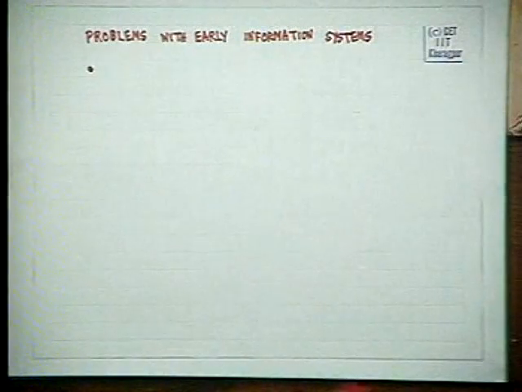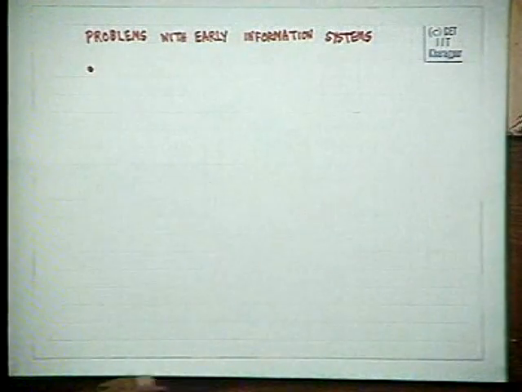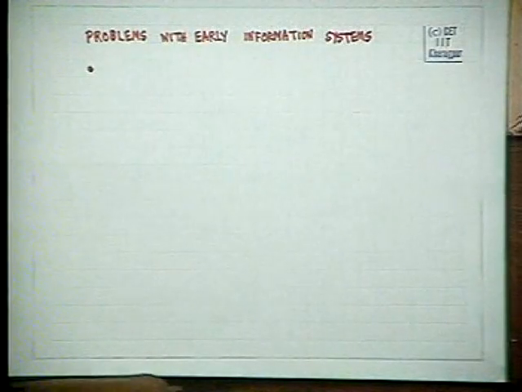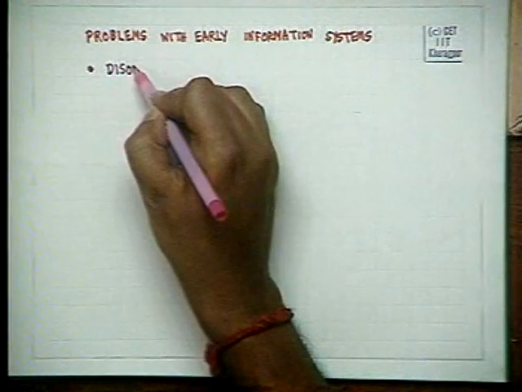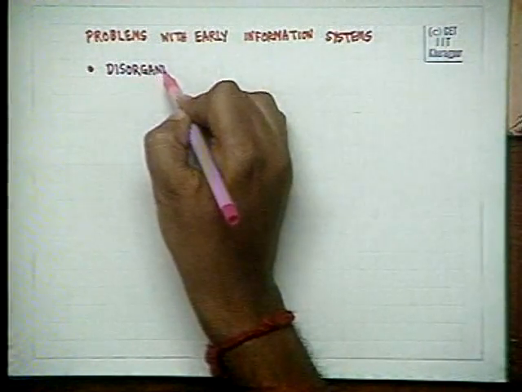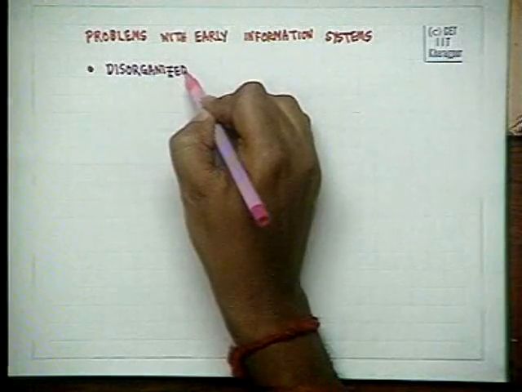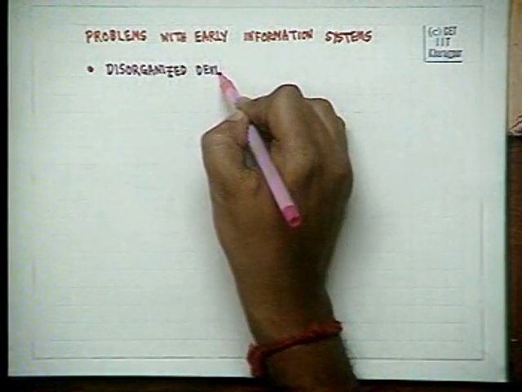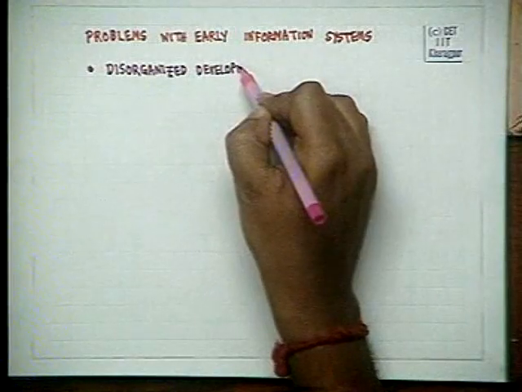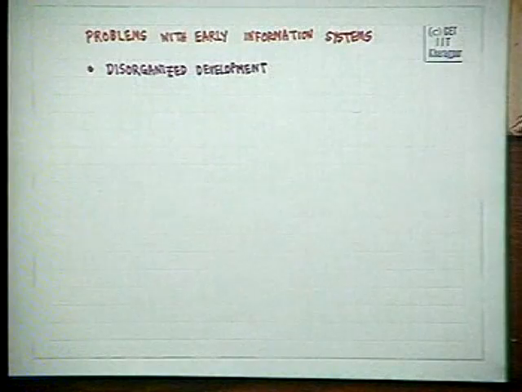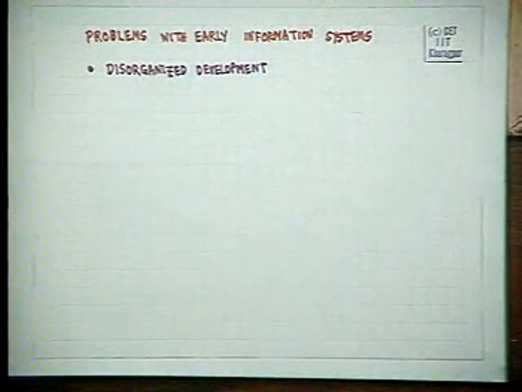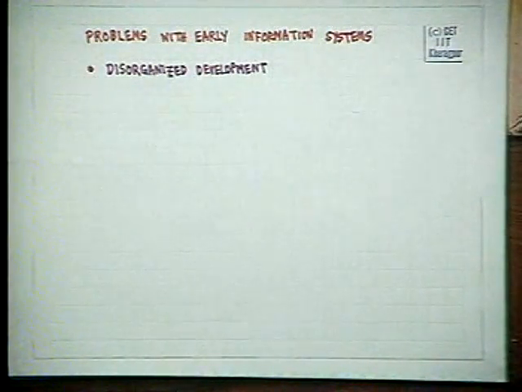The first and most dangerous problem of such early information systems is the disorganized development. Since data was written, used and updated by various users at various points of time, nobody really knew what the other person had done.